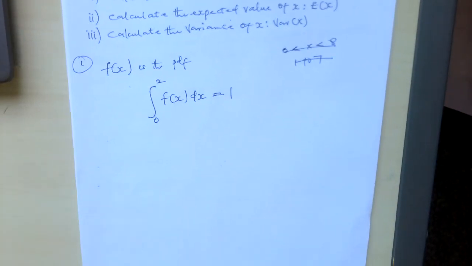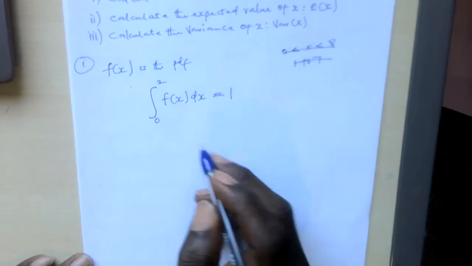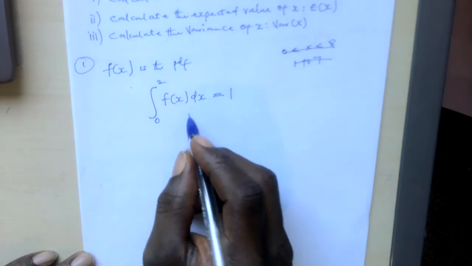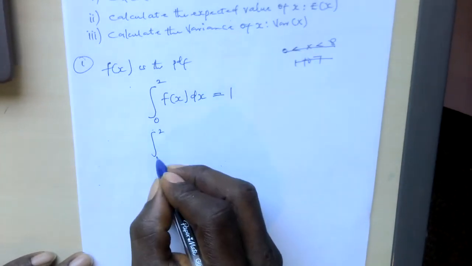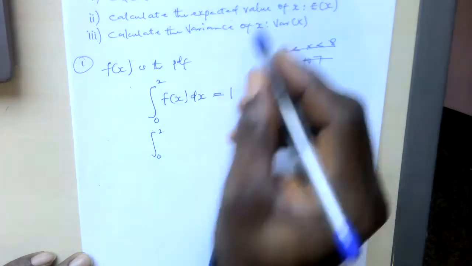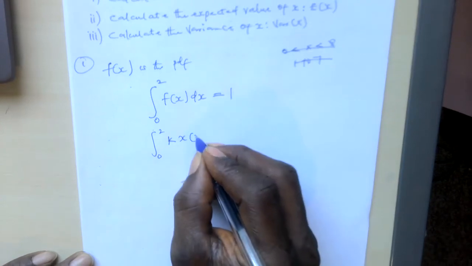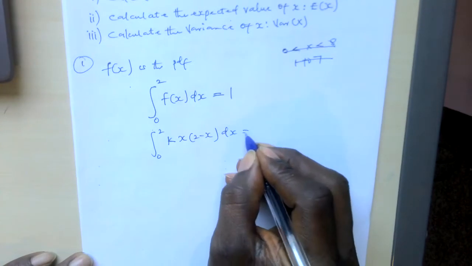If you still remember how to go about your integration, that's the integral of this function. Let's substitute our f of x here. What's f of x? f of x is the whole of this: k x (2 minus x) dx equals 1.